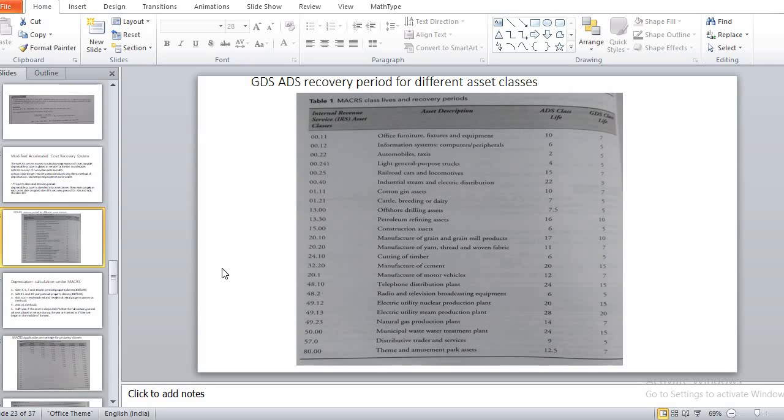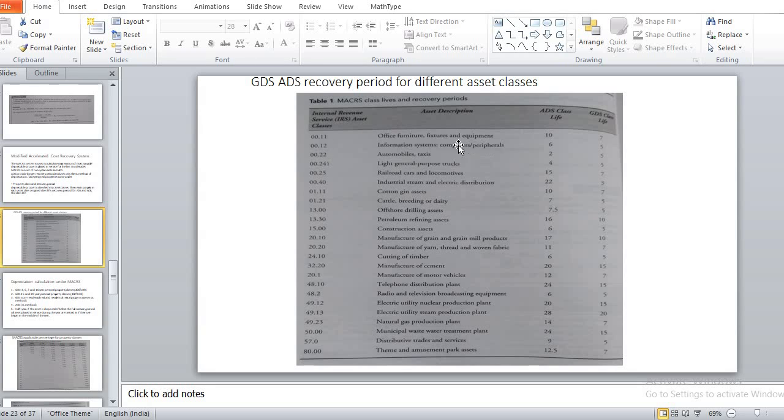In this table, furniture, fixtures and equipment are categorized into one group, given class number 00.11.